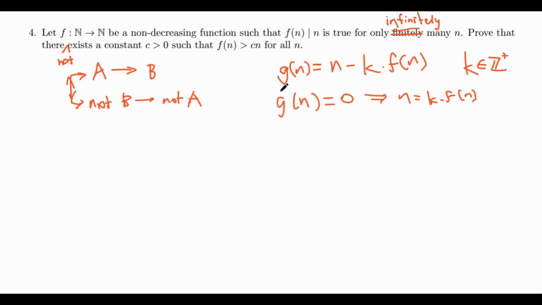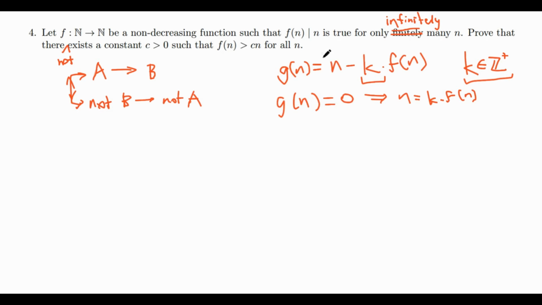So now all we need to do is show that g of n obtains a root. And the fact that we let k be any positive integer means that if g of n having a root is true for infinitely many of these positive integers, then we're done, because then we can find infinitely many n such that f of n divides n. And we know that all the n that we find are unique because these k's are all unique.